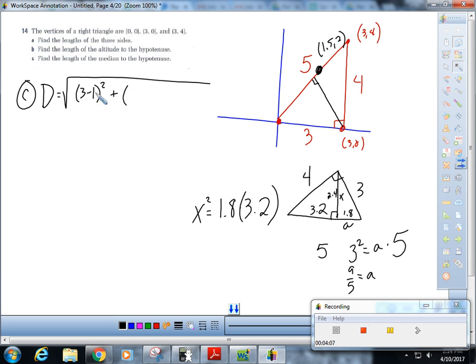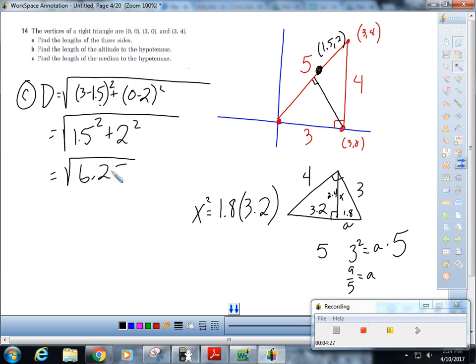No, 1.5, sorry. And 0 minus 2 squared. So it's the square root of 1.5 squared plus 2 squared. And you get 2.5.